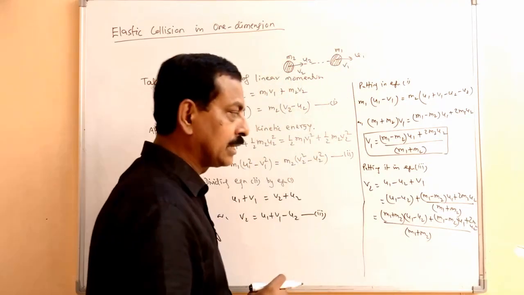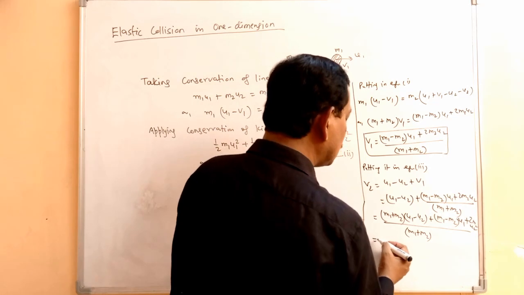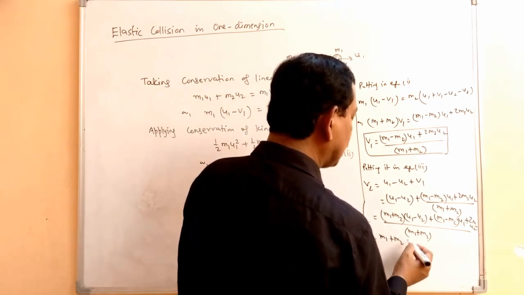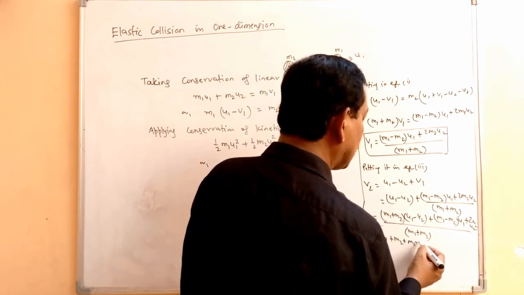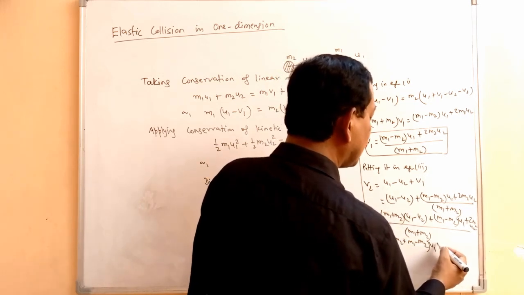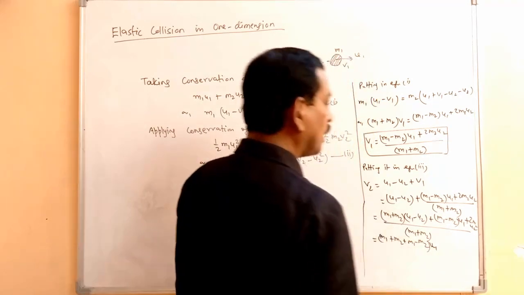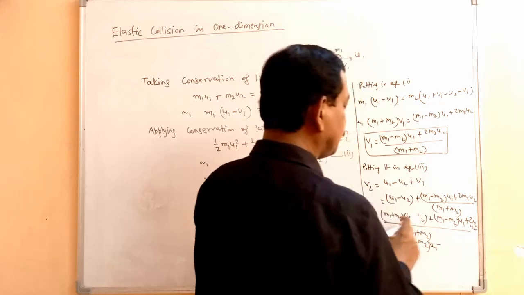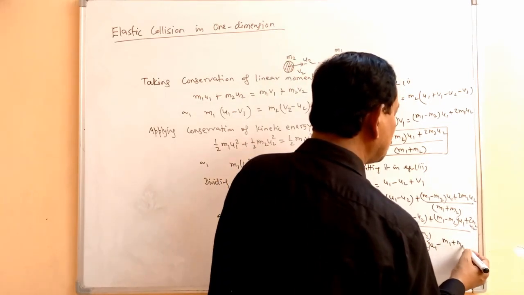Now you can collect the terms of u1 at one place and u2 at another place. Collecting the terms of u1, we have (m1 plus m2) from here and (m1 minus m2) from the other, with a minus sign, over (m1 plus m2).